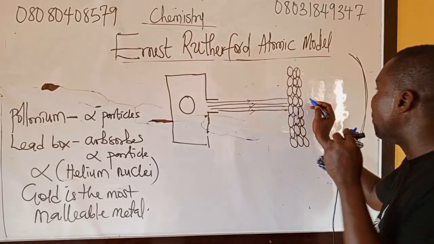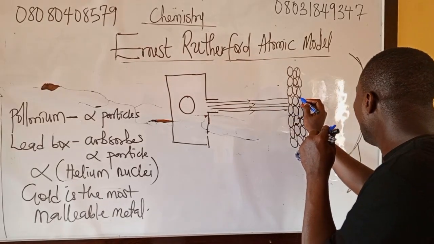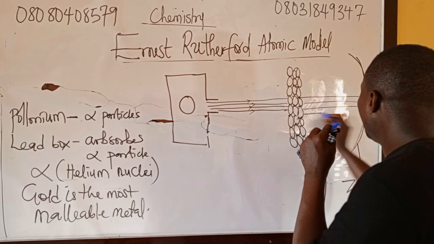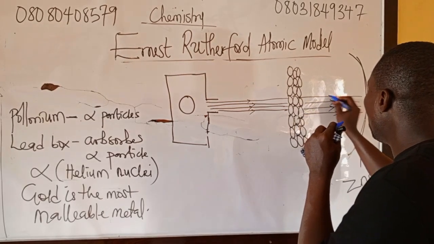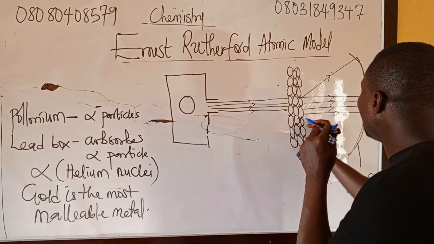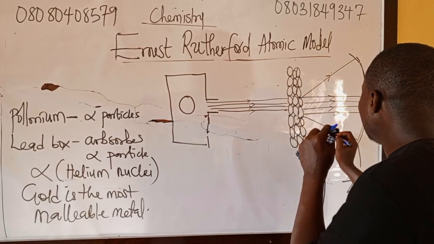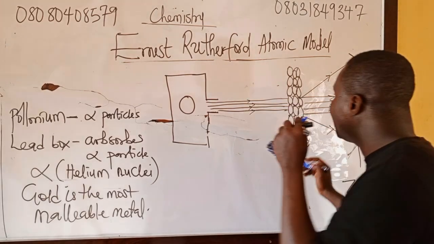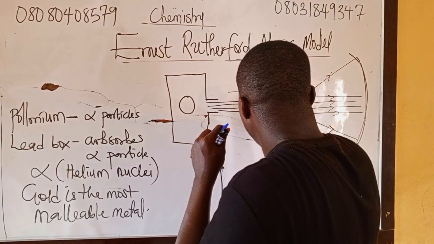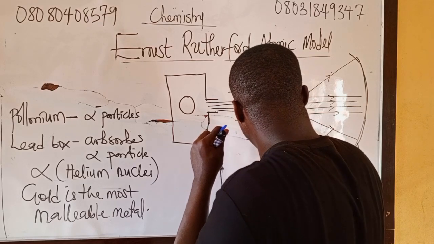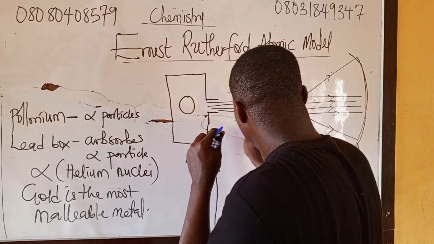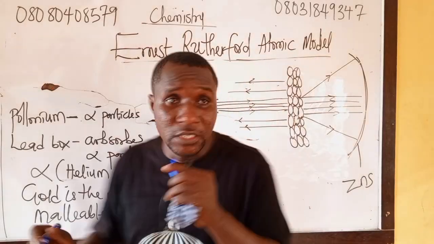Most alpha particles pass through the gold foil, while some of them are deflected at a large angle. While few of them return to the source. Take note of that.